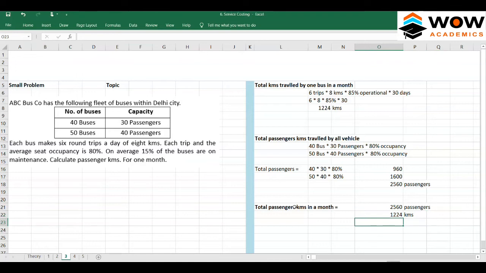Multiply both, you will get the passenger kilometers. This number into this number. So this is the total passenger kilometers.